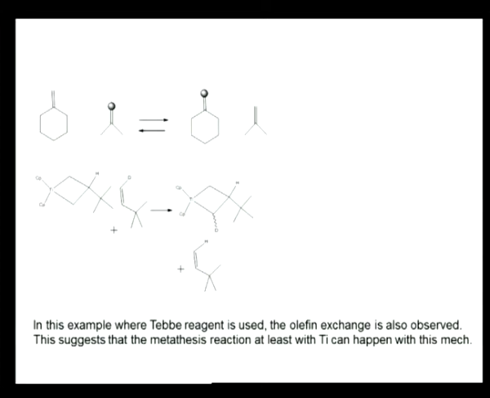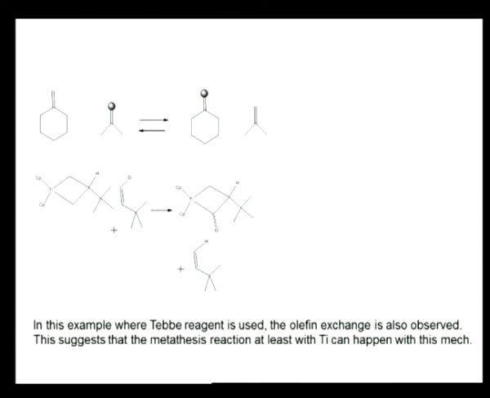And here is an example. It was possible to prepare a titanium metallacyclobutane, and react it with another olefin, and it turned out that they could isolate a product in which this metallacyclobutane exchanged the olefin which is present in solution, and a new olefin was generated in the reaction mixture.